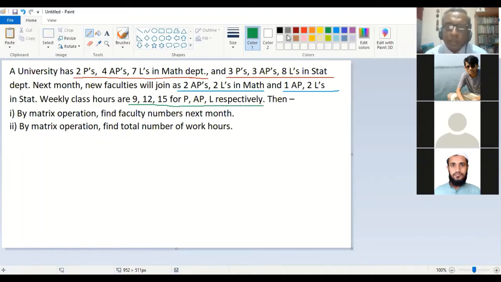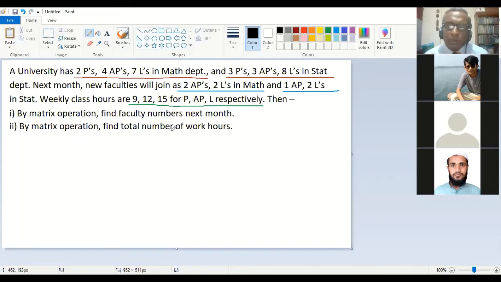I am showing now for today how to do that. This type of problem can come with other real life situations, not professor and assistant professor every time. I have some questions ready actually.